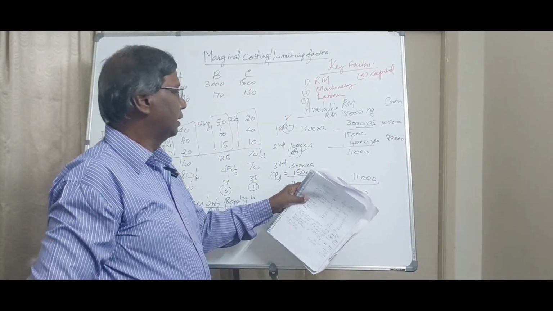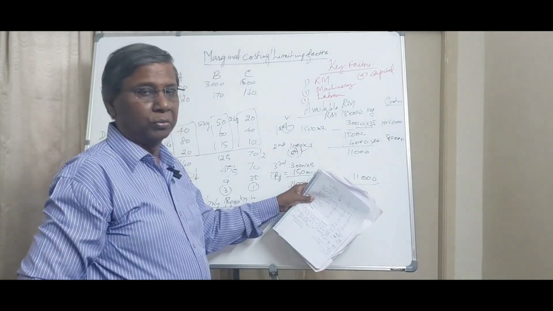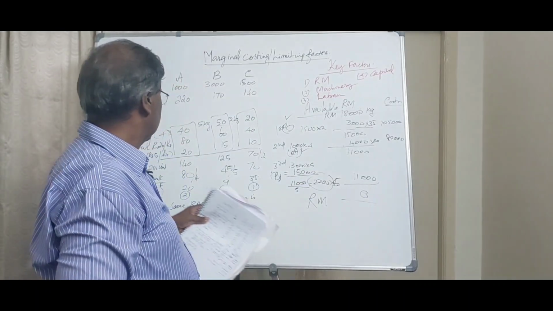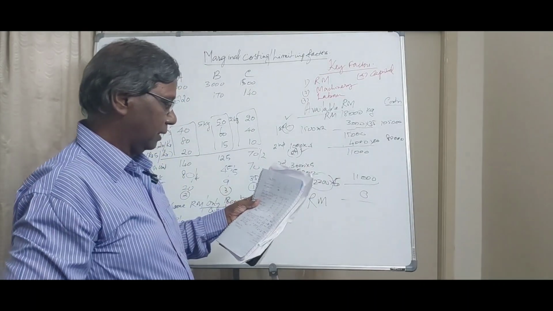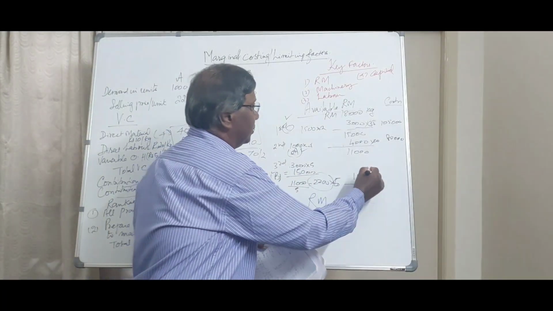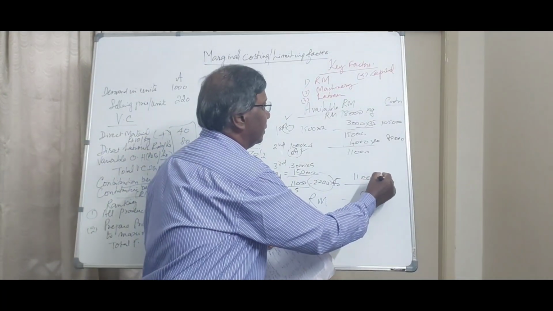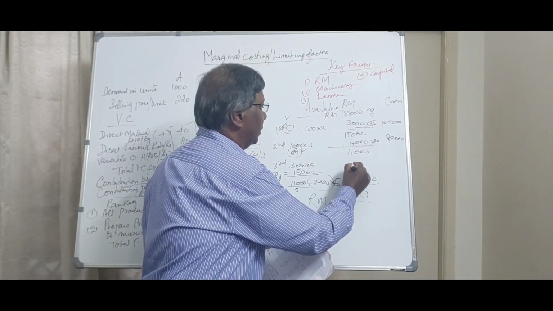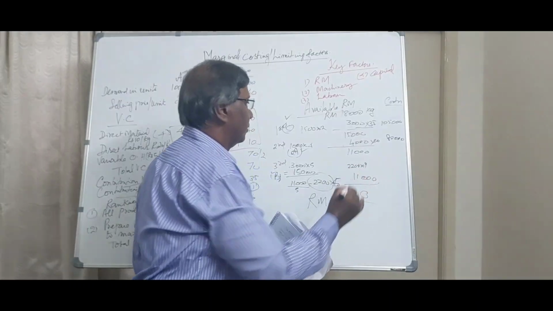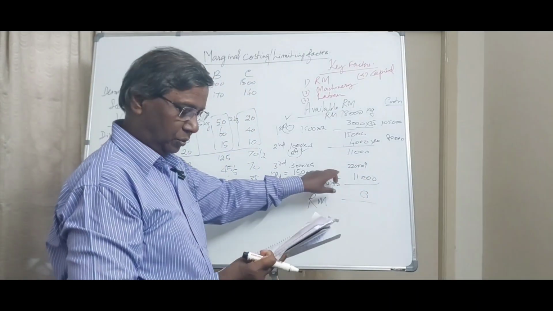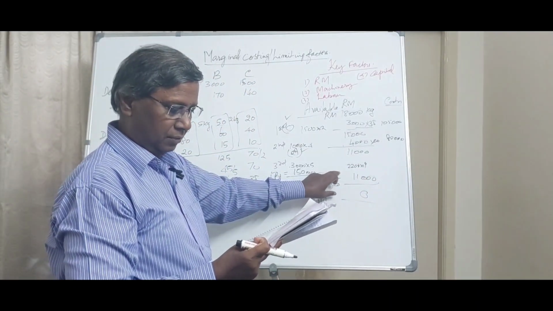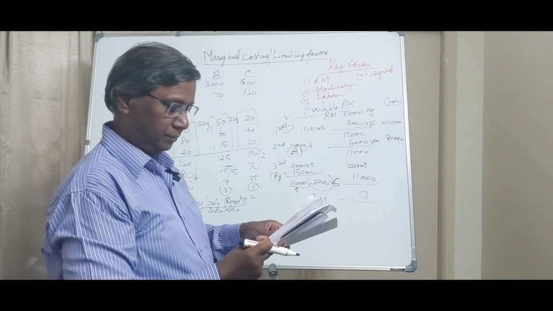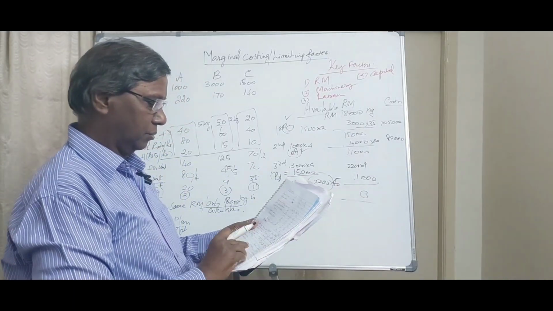Then again, 2,200 is what you are going to produce for B, where the contribution per kg is 9. So 11,000 into 9, you have to find out, is 99,000. You will get something like that.